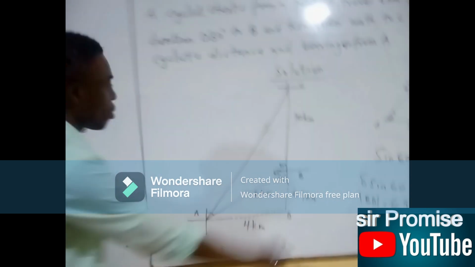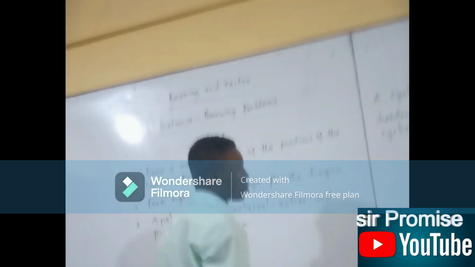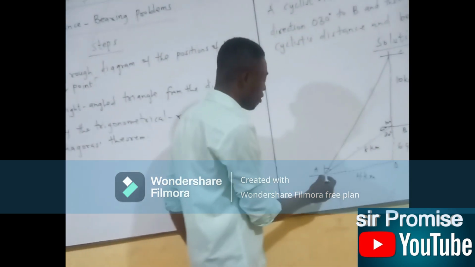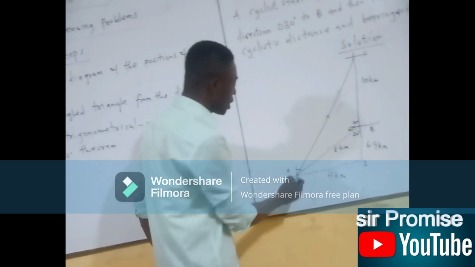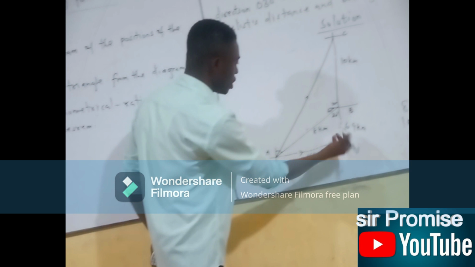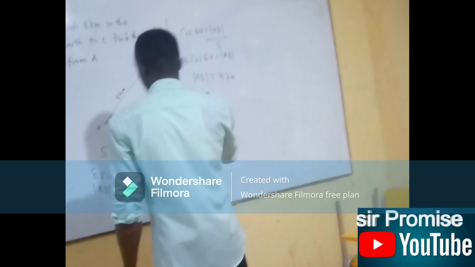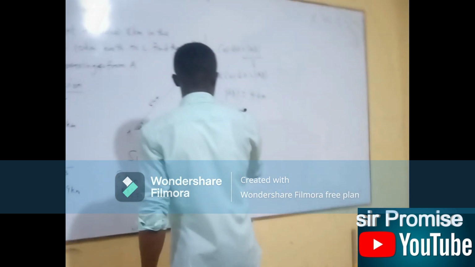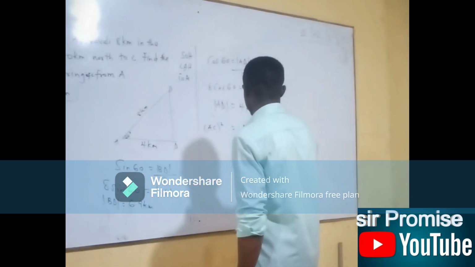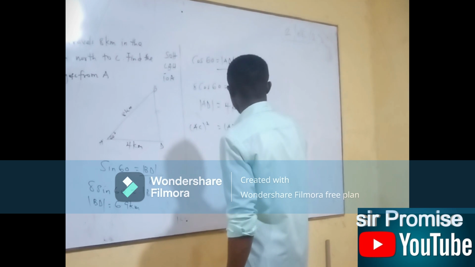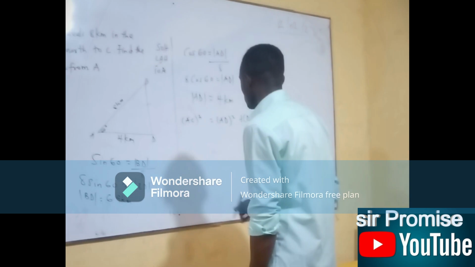Now that we know this and we know that, we can now find here by using the Pythagoras theorem. Pythagoras is saying that from A to C is the same as from A to B and from B to C. So we just write down that AC squared is equal to AB squared plus BC squared.